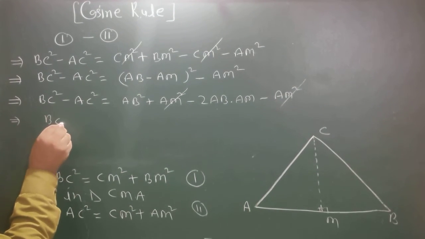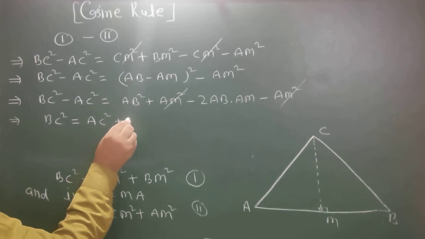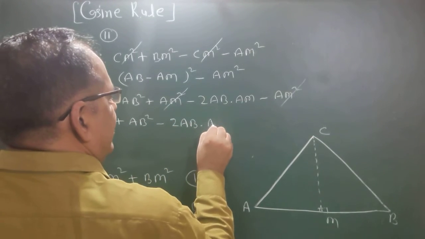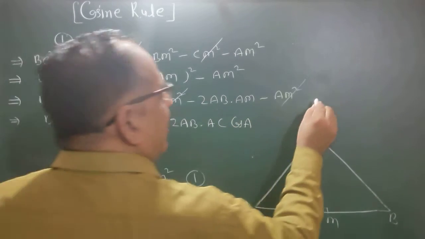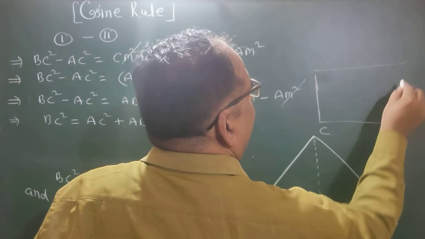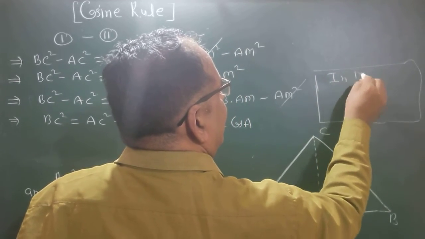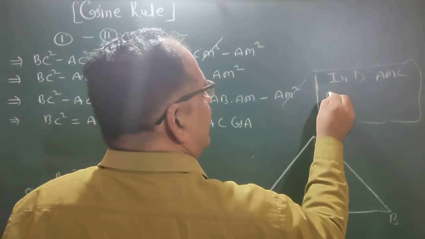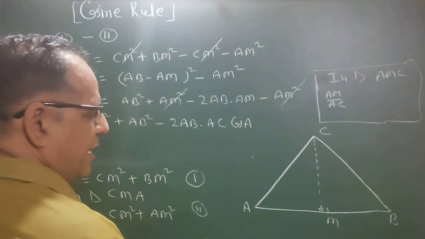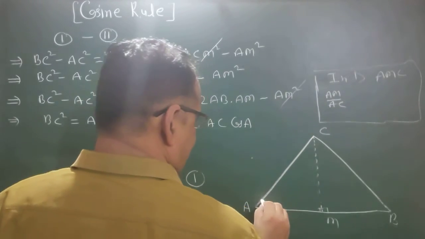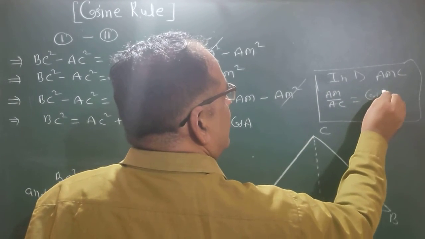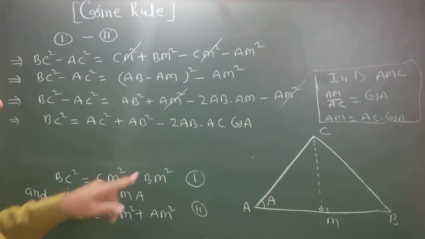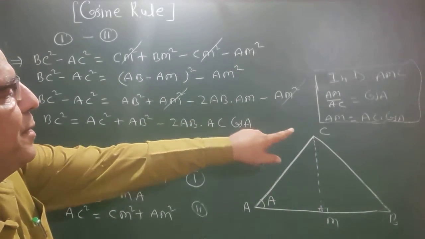In the next term we have BC square equals AC square plus AB square minus 2AB into AC into cos A. Here in triangle AMC, AM upon AC means base upon hypotenuse, and this is angle A, so this becomes cos A. So AM can be written as AC cos A, and we replace AM by AC cos A in minus 2AB times AM.